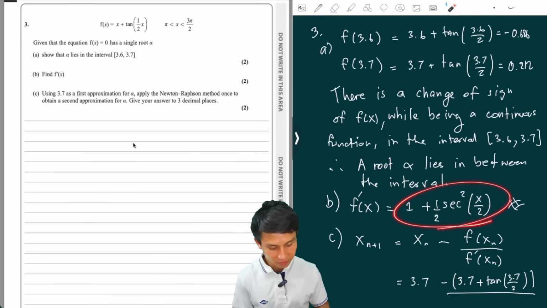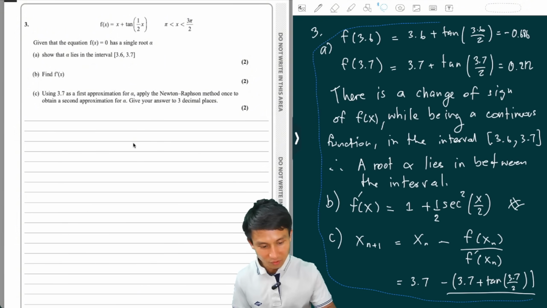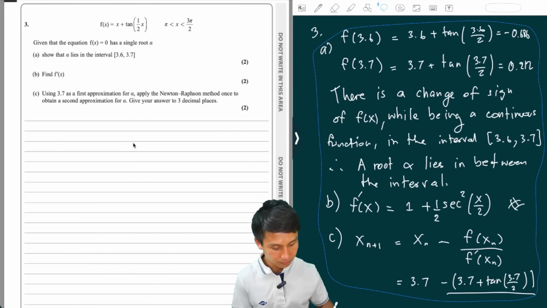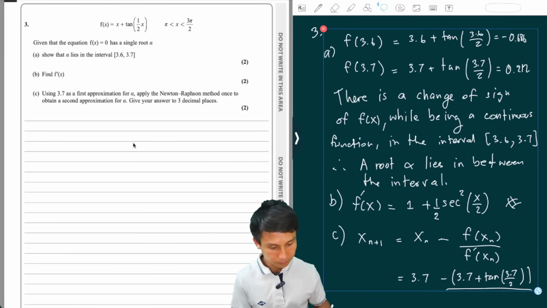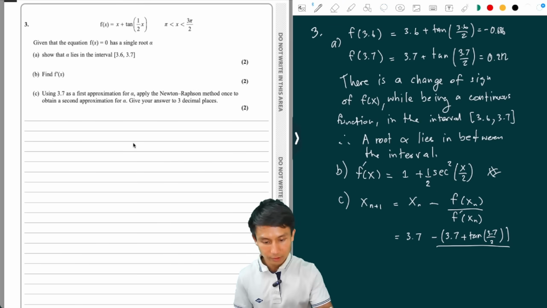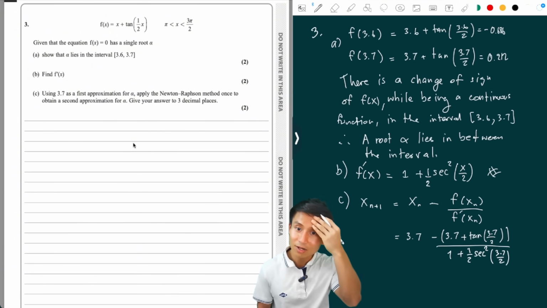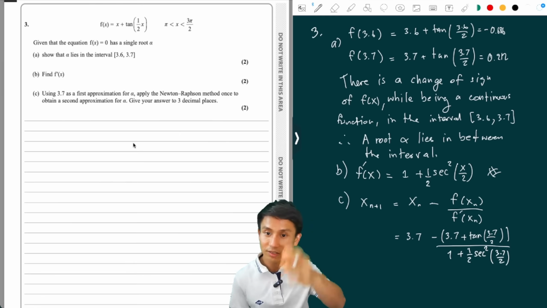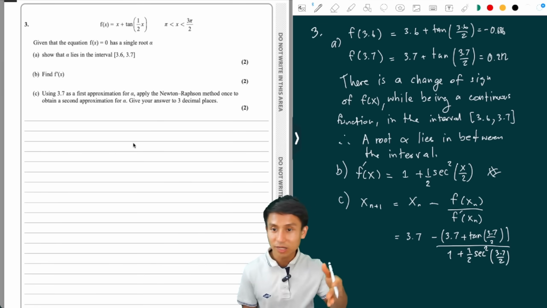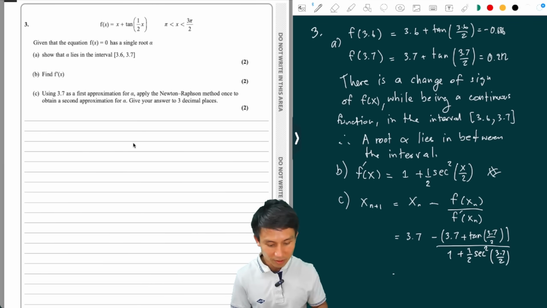So we are going to substitute onto this one. Let me shrink the whole thing a little. Okay, so it's 1 plus 1/2 sec squared of 3.7 over 2. I'm just going to plug everything into the calculator all at once because we are only required to obtain the second approximation and then we're done.